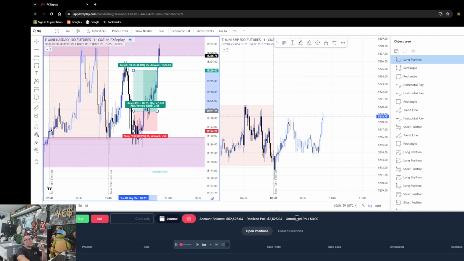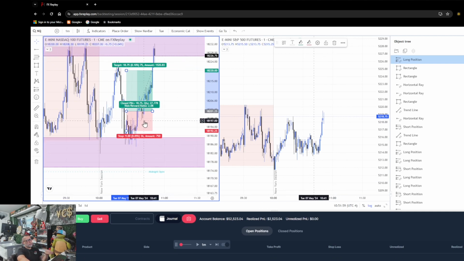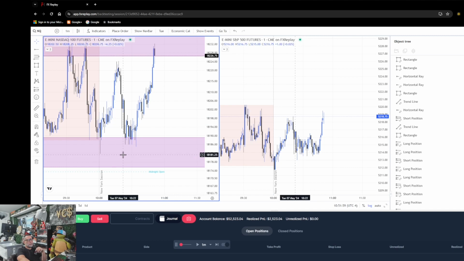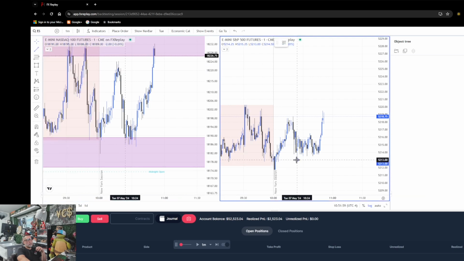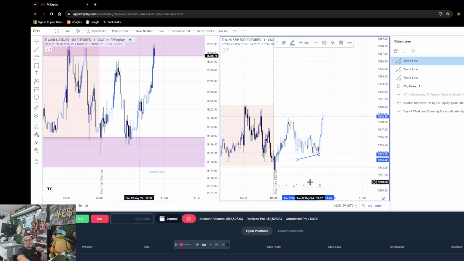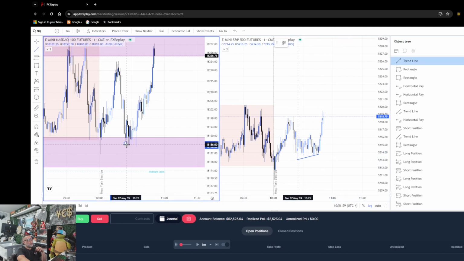So again, if you guys are a little confused, basically the SMT was right here, from here to here. You had that same entry was here to here. Price pushed up.